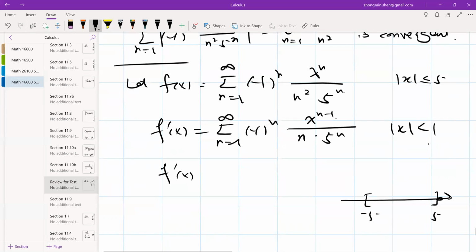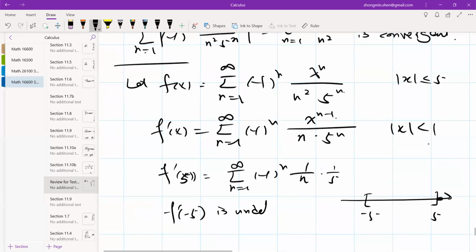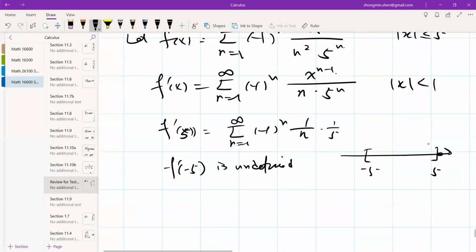So this f(5) is defined. It's convergent, but f prime at -5 is undefined. So for the derivative, the power series is only defined from -5 to +5, including 5.